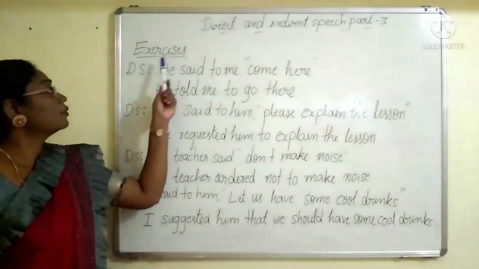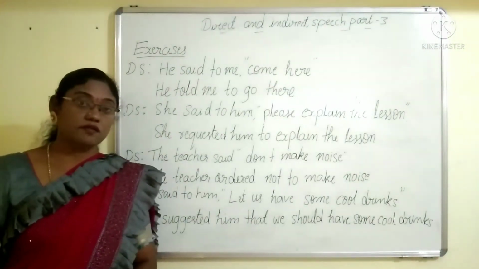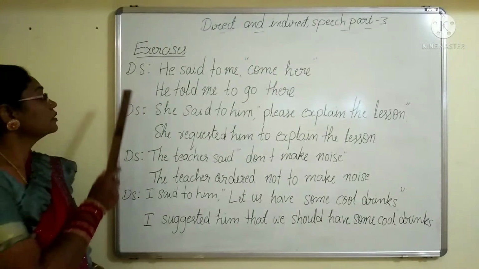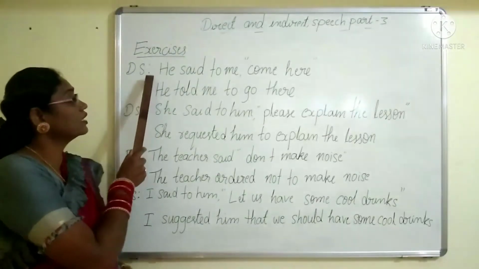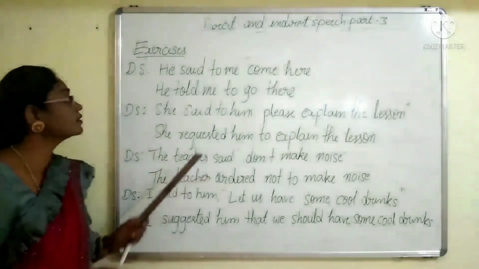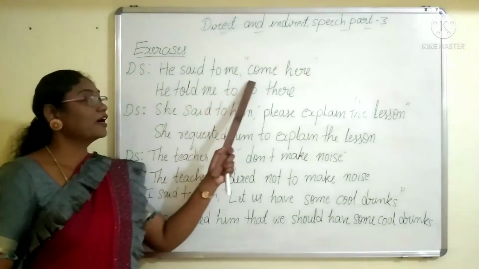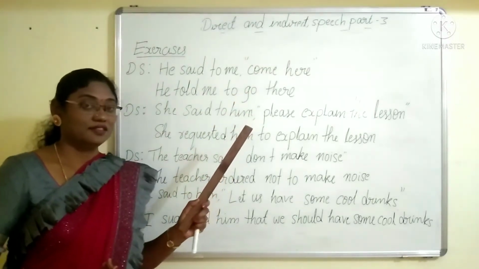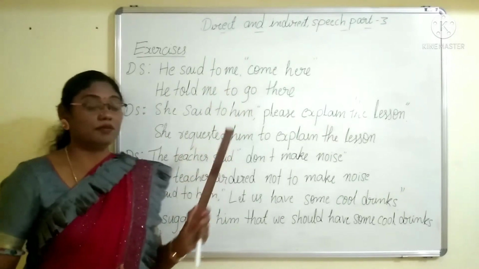So, here we have some exercises regarding imperative sentences. Okay, the first one, DS means direct speech. This is a direct speech sentence. He said to me, come here. Understand? He said to me, come here.